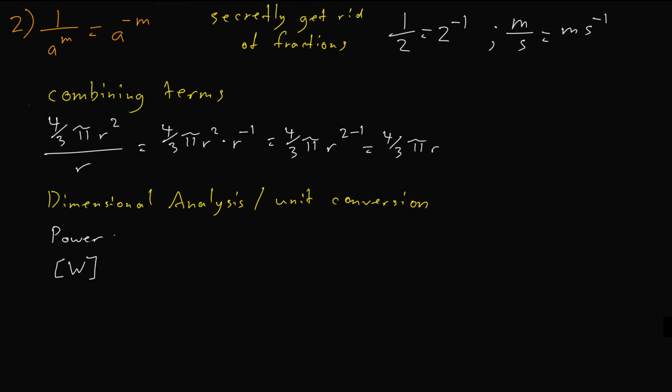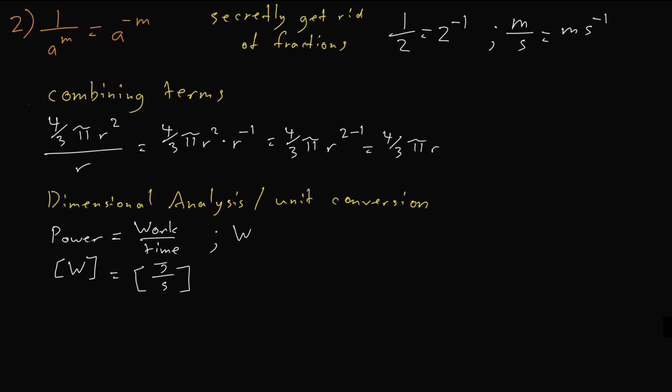So we know that the equation for power is work over time, right? Now the units for work over time are going to be joules over seconds, right? That's what we have here. But what is work?